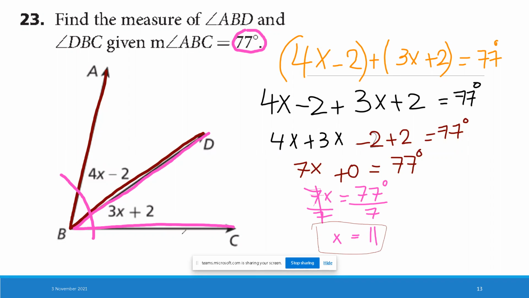Okay, I will give you now 2 minutes to finish writing because I want to continue. Because they didn't ask me to find x, they asked me to find the measure of the angles.